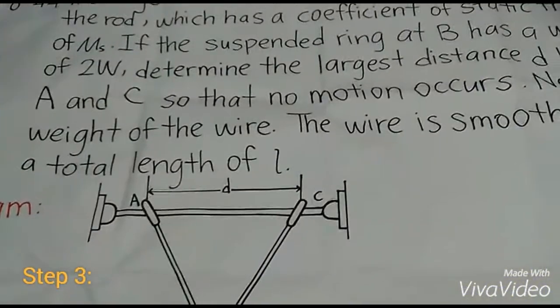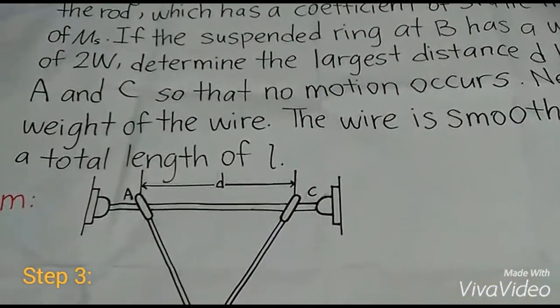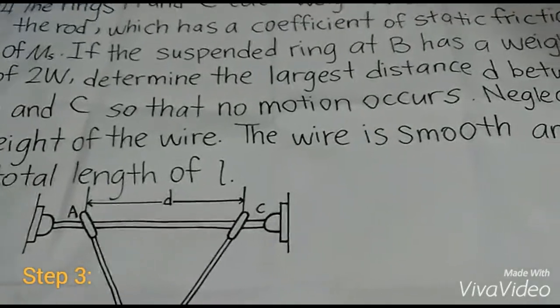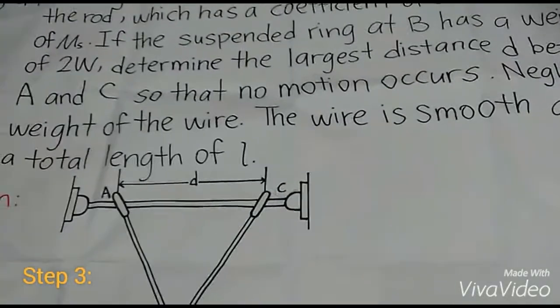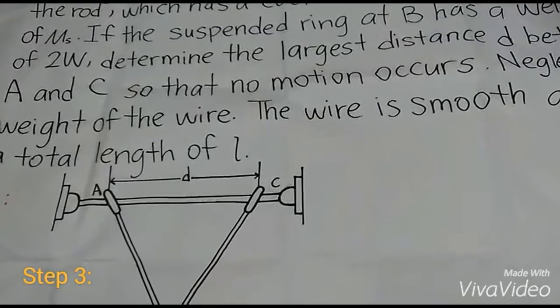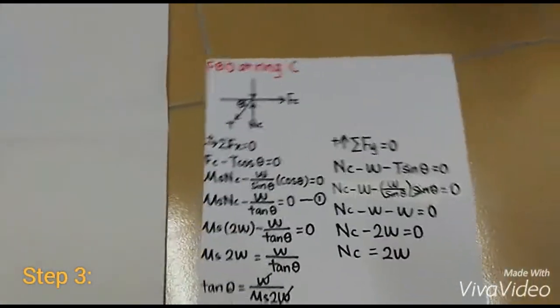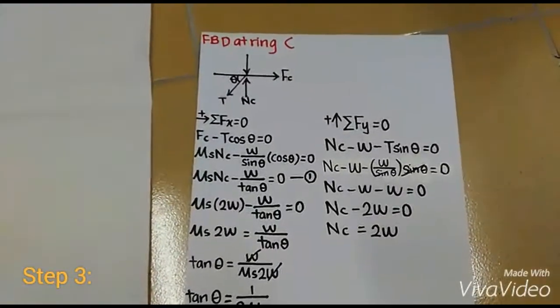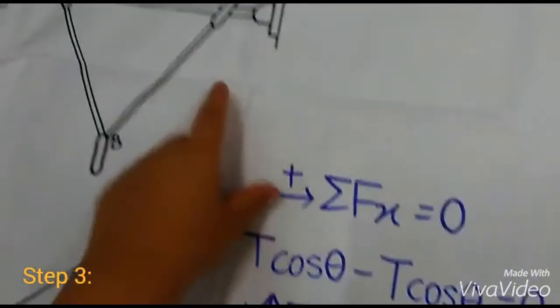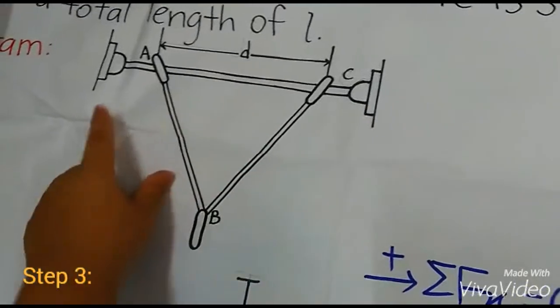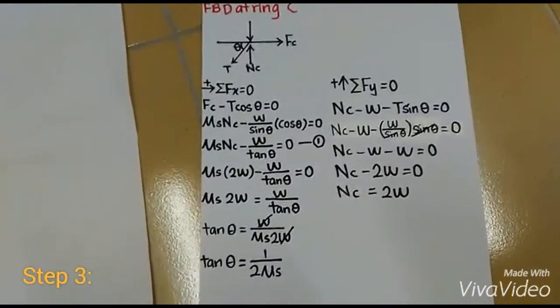Okay, because this question wants us to determine the largest distance between points A and C, in the free body diagram we can choose either the free body diagram at ring C or ring A to know the distance.